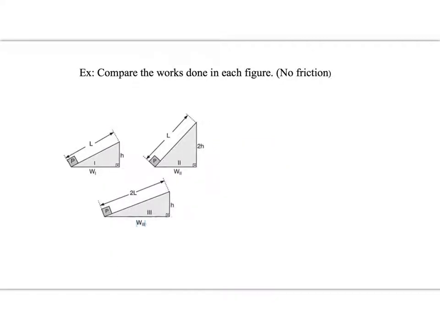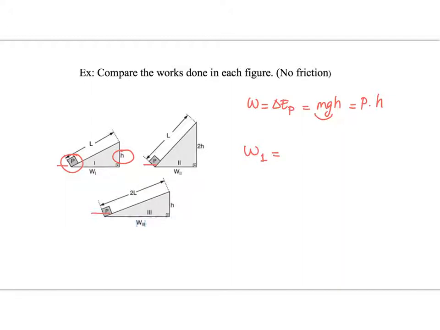Compare the works done in each figure. There's no friction. We know that the work done is equal to the change in potential energy. Initially, they have no potential energy. So the potential energy is equal to mg times h, and mg is equal to the weight of the object. So weight times the height will give me the work done. In figure 1, the weight is P and the height is h.